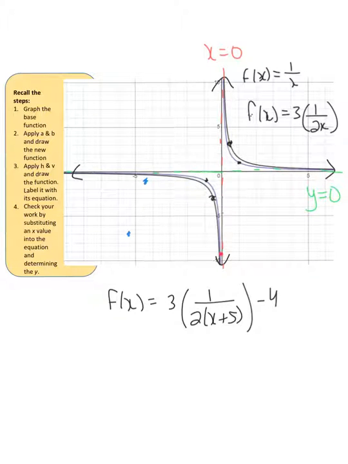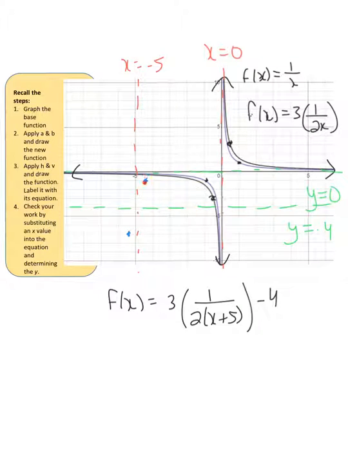So here x equals 0, when we move it 5 to the left, now has the equation x equals negative 5. And the horizontal asymptote y equals 0, when we move it down by 4 units, our v value, we now get an asymptote at y equals negative 4.